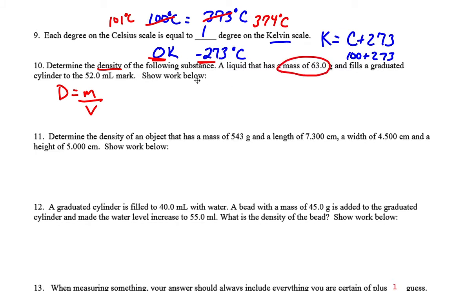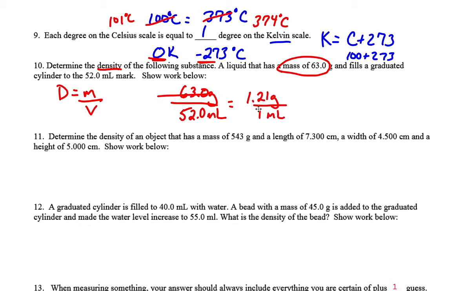It gives you the mass of 63.0 grams, and then it says it fills a graduated cylinder to the 52 milliliter mark. So you have the mass, you have the volume, you simply divide the two, and when you do that, let me get to my answer key here. You end up with 1.21 grams per milliliter.